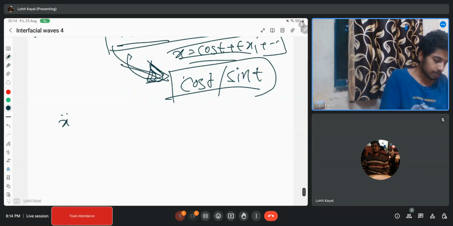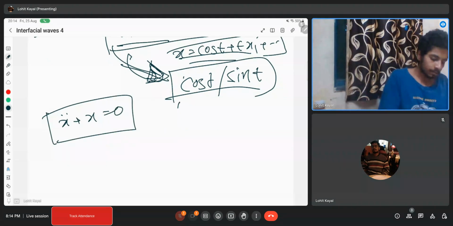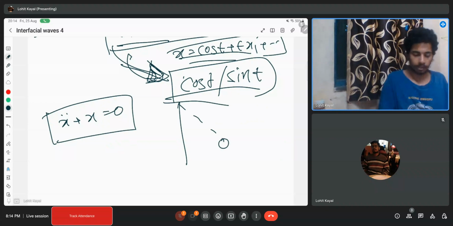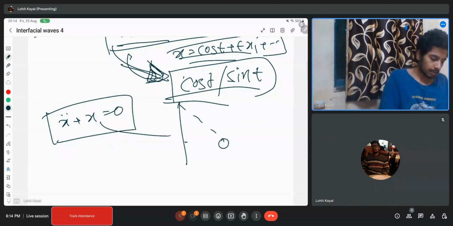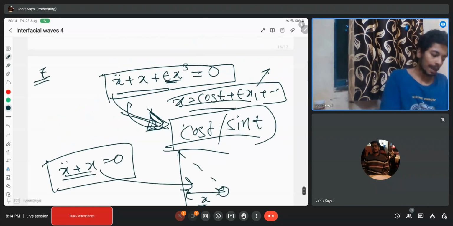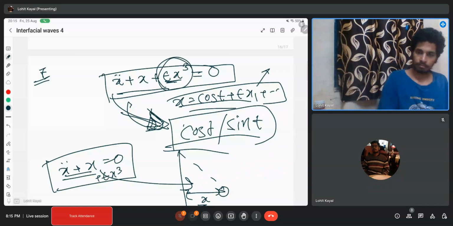Remember that x double dot plus x equal to 0, suppose you consider the pendulum problem, this equation will represent the equation of a pendulum when your displacement x is very small. Now you have added something else, plus epsilon x cube.